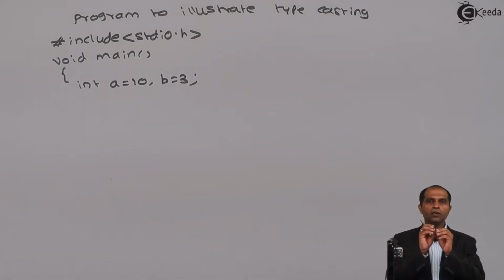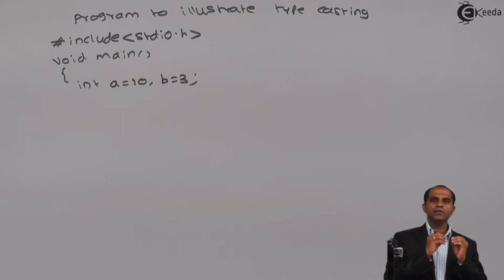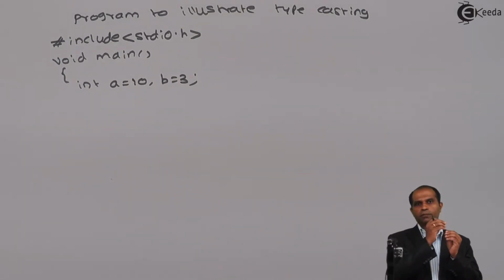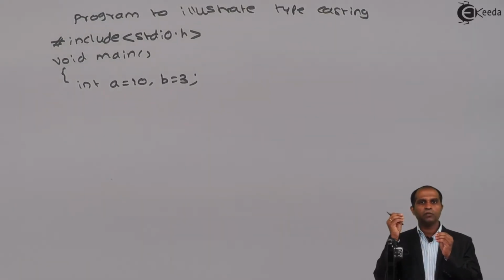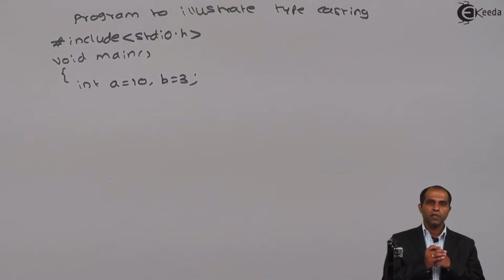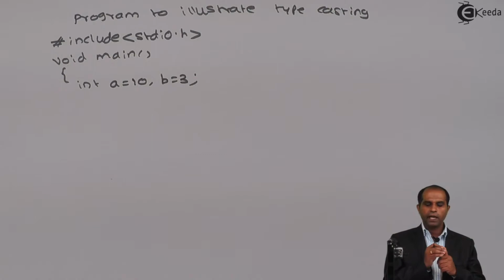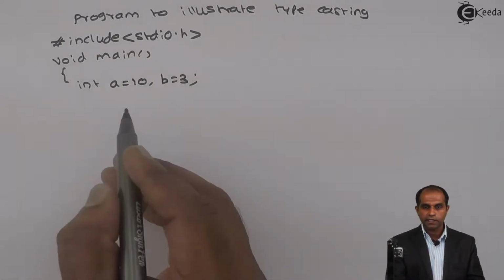Yes, declare only two variables a and b, ask the user to enter two numbers and read them. So you can say printf, enter two numbers, scanf %d, ampersand of a, ampersand of b. If you feel you wish to read, you can read them. Otherwise, let's illustrate a and b with some standard values, let's say 10 and 3.